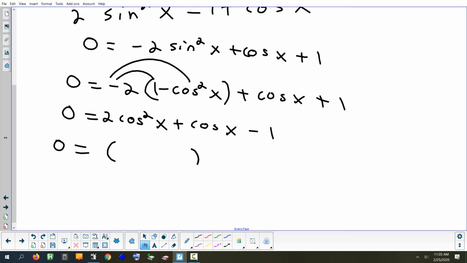Okay. So now we're going to try to factor it, just like we did last one. 0 equals. Let's try to factor it this time without doing that temporary step of changing all the cosines to just x's. See if we can do it. What would your first term be in each parenthesis? A what and a what?